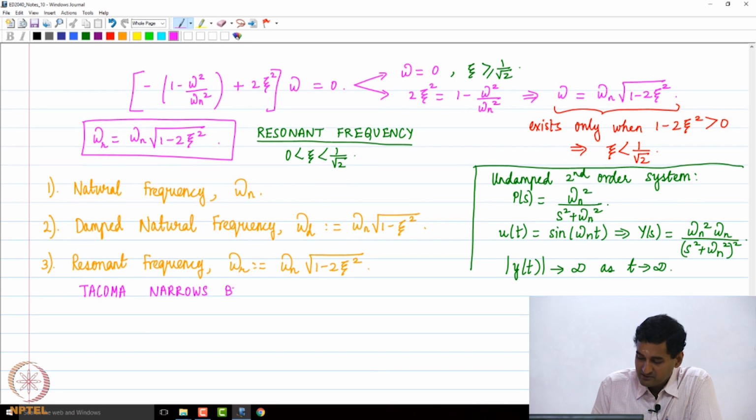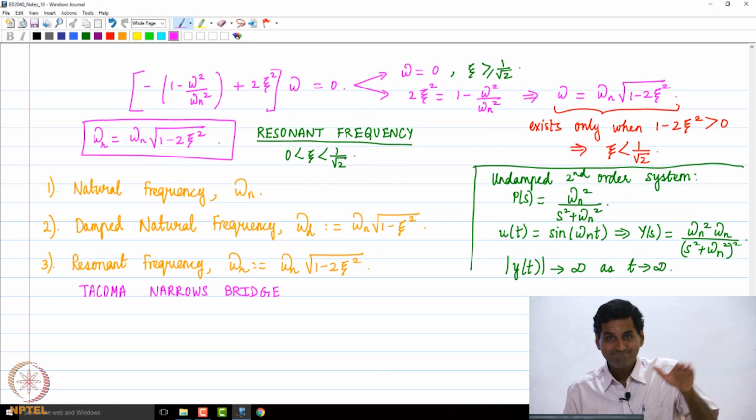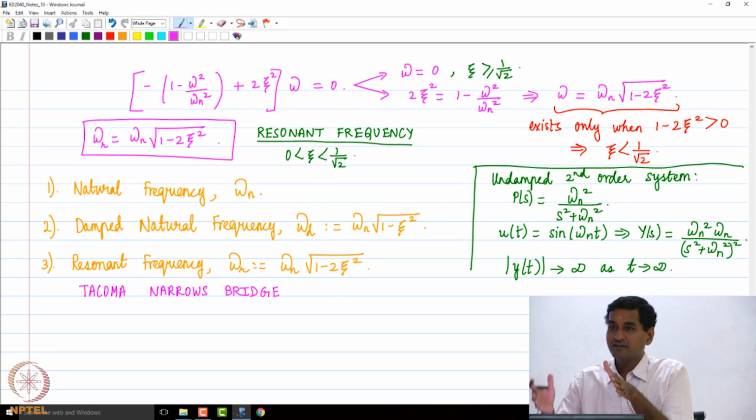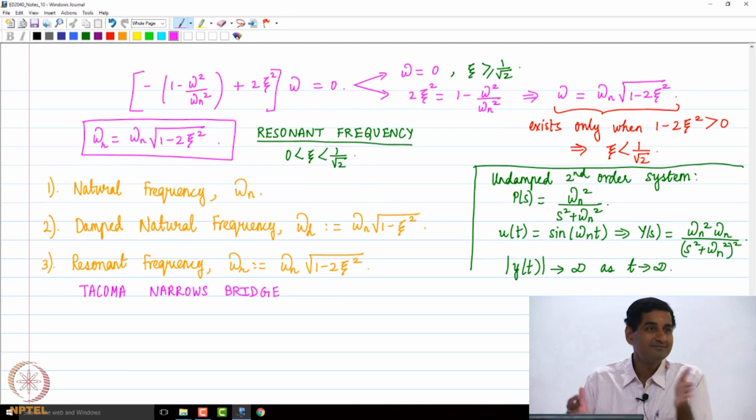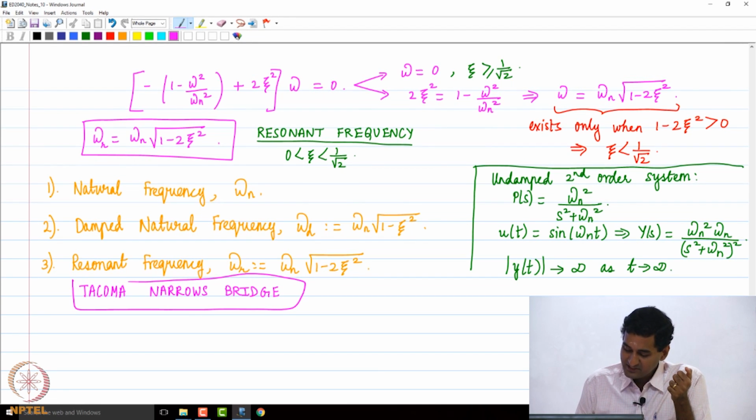You will see that the wind essentially excited the resonant frequency and the entire bridge swayed. Yes, mathematically the amplitude is bounded, but what happened? The structure failed because of the excessive oscillations. So just watch the video. That is resonant frequency.